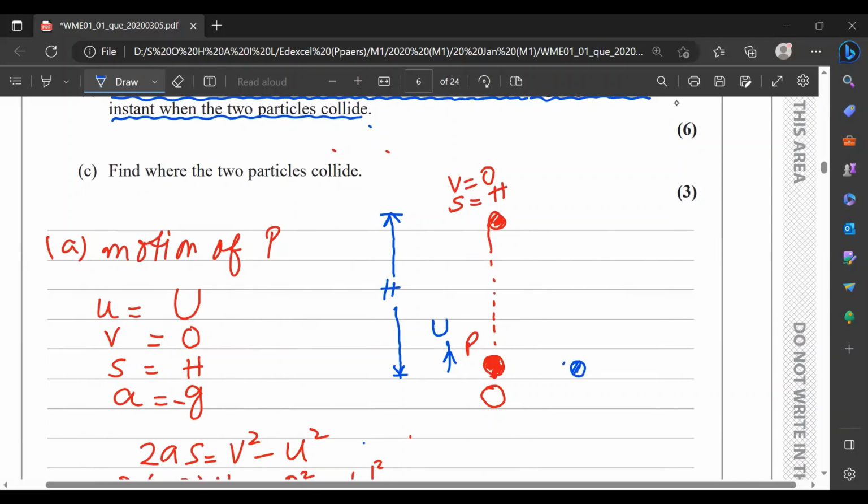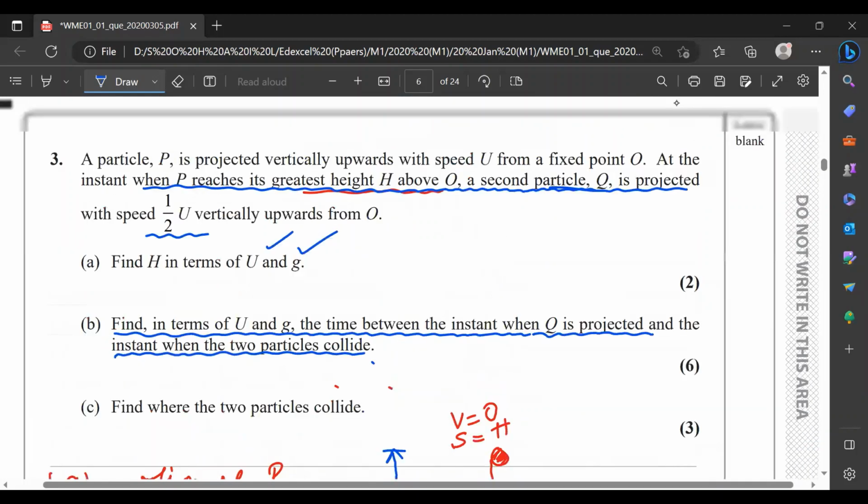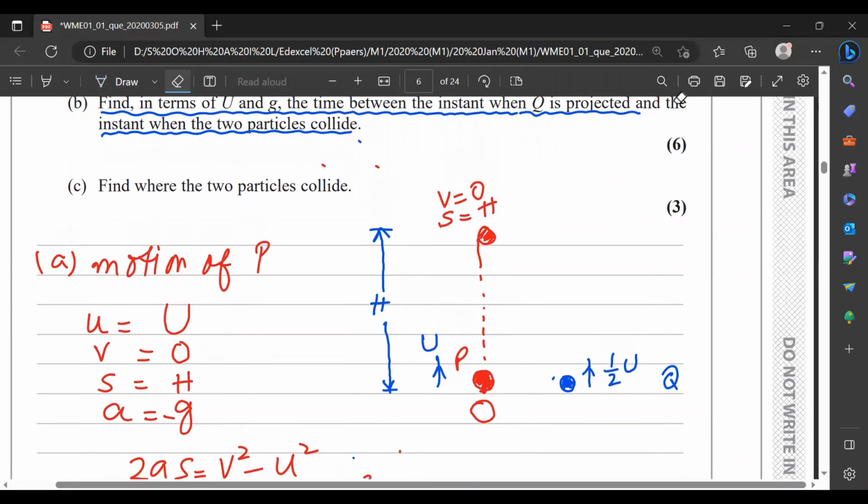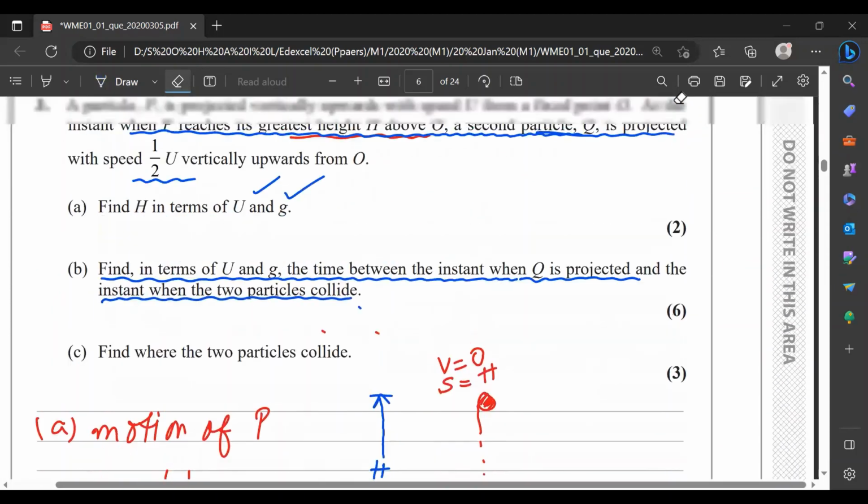And from the same point, for the understanding, I'm drawing it on the right side, 1 over 2 u. This is Q. The same, this is again a point O, and this is particle Q. This particle Q is projected when P reaches the maximum height.